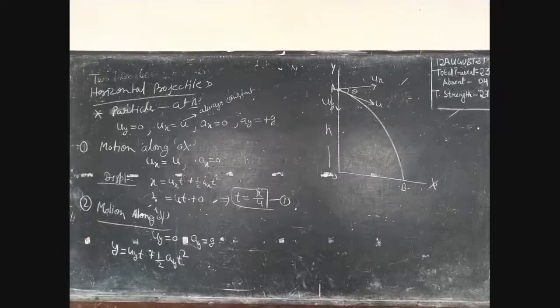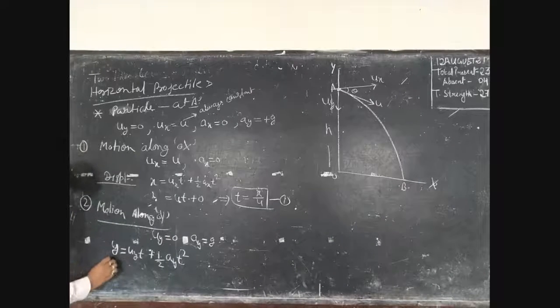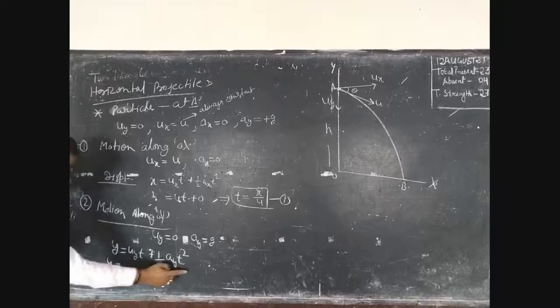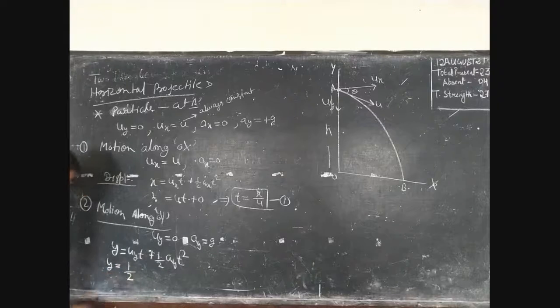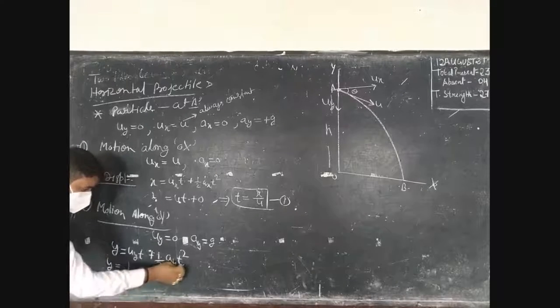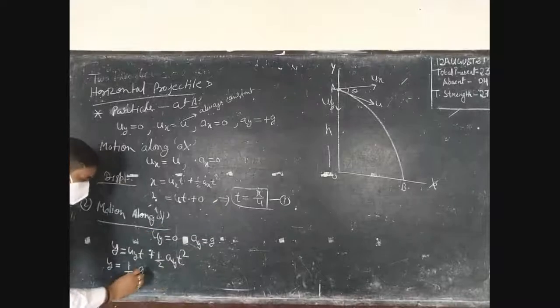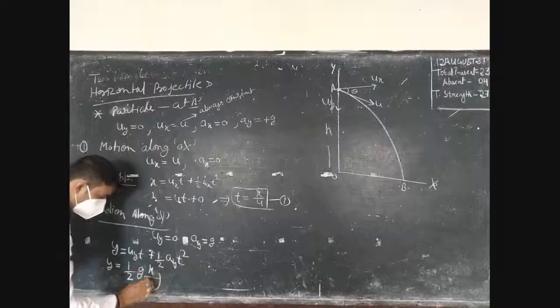Now use the values, so you will get y equal to half g times t square, and t is x upon u.